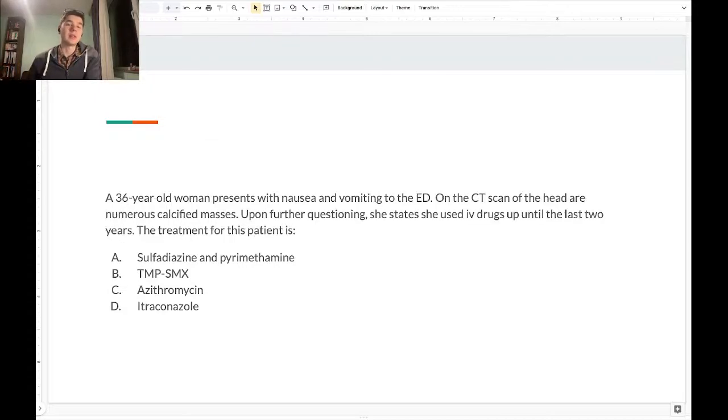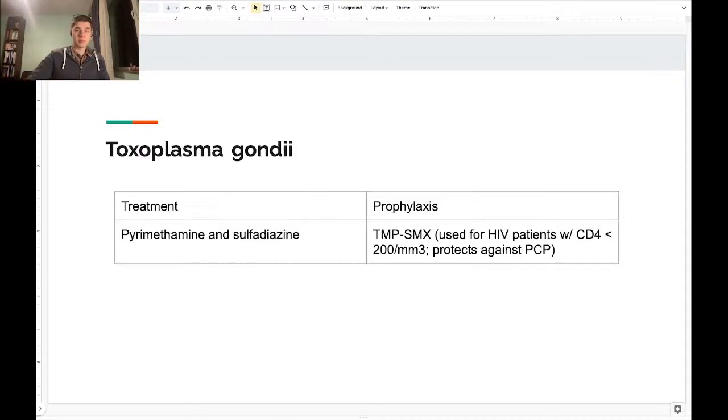In comparison, the treatment when we have diagnostic criteria such as calcified masses with a history of IV drug use is done with sulfadiazine and pyrimethamine. Indeed, Toxoplasma gondii also has the same prophylactic method as Pneumocystis jirovecii pneumonia.